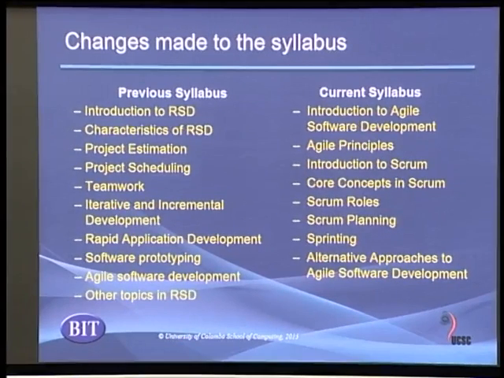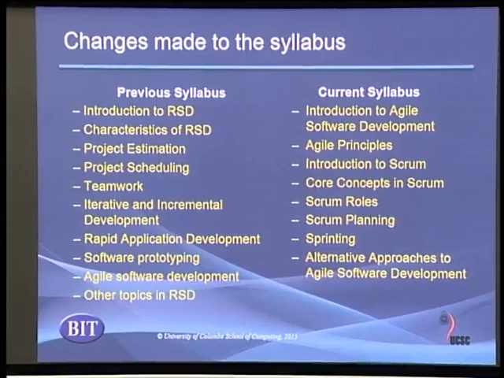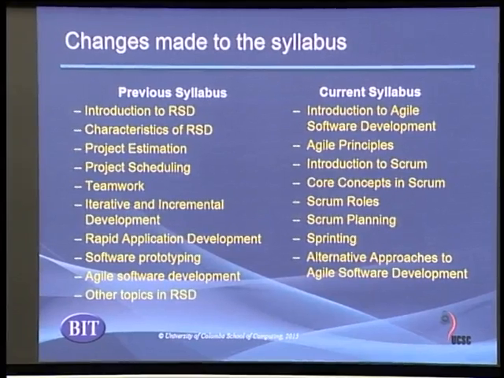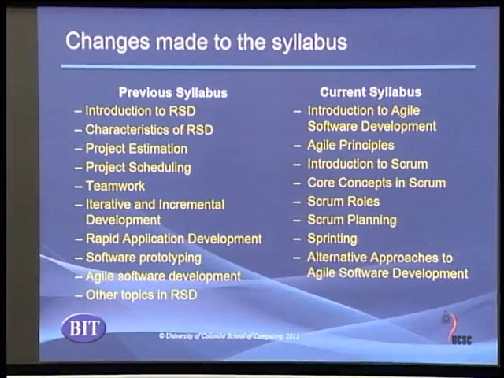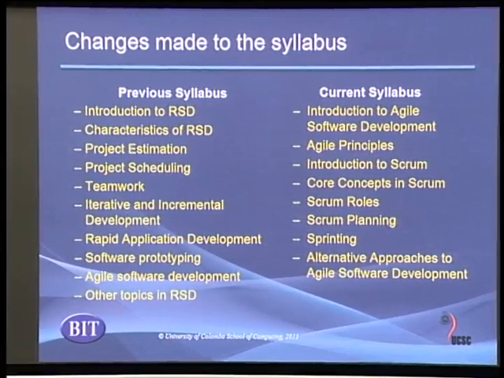From the first look of it, it is clear that the previous syllabus covers a lot of content from the surface level, whereas the current syllabus is taking a deep essence of the agile principles. More specifically, the current syllabus talks a lot about Scrum practices and extreme programming practices in detail.